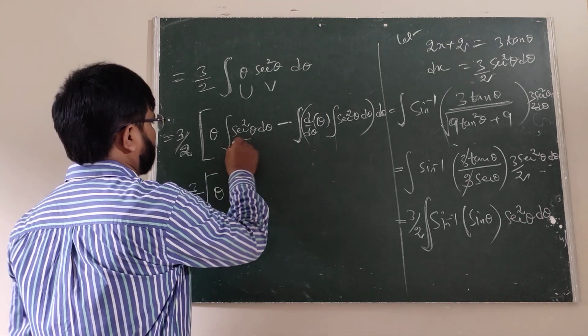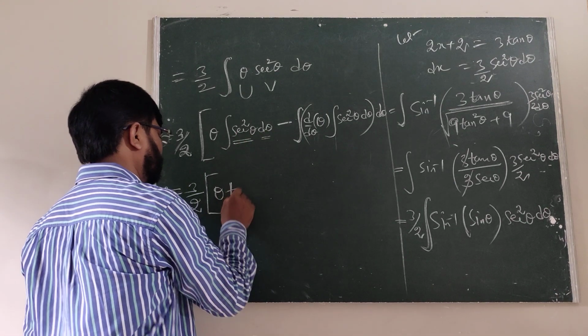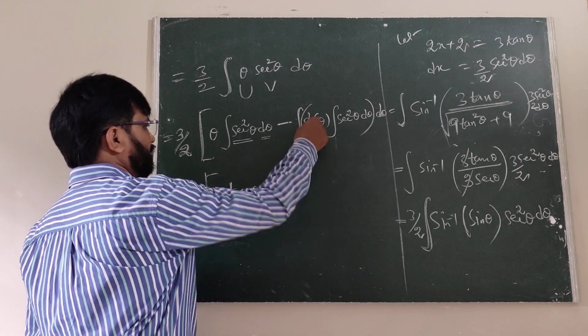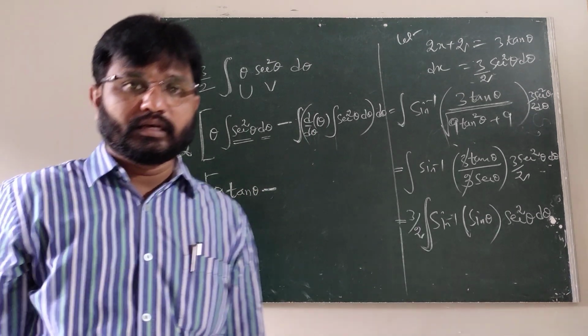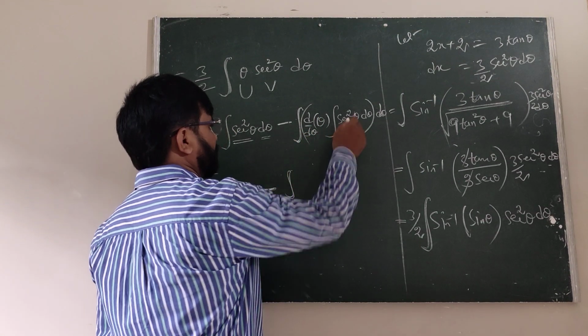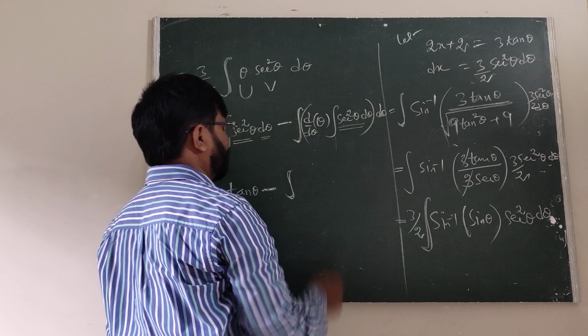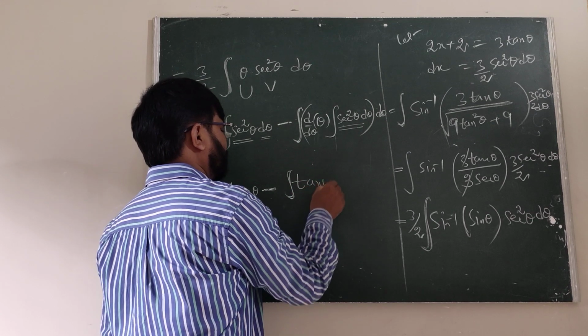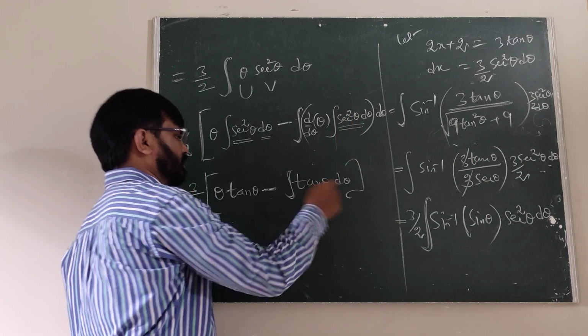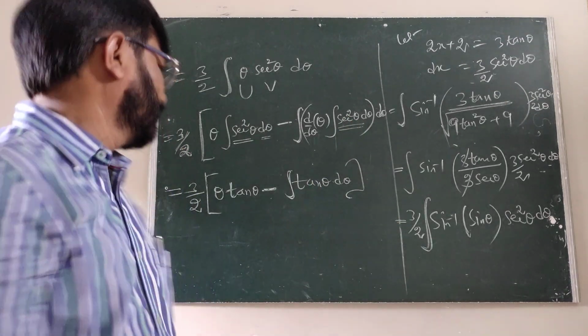Integral of secant square theta d theta is tan theta, minus the derivative of theta, which is 1.